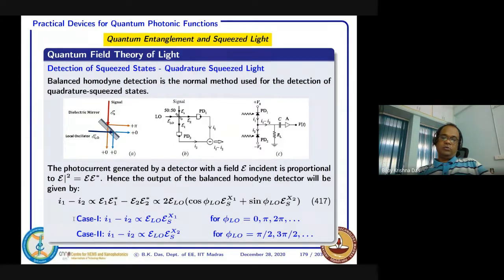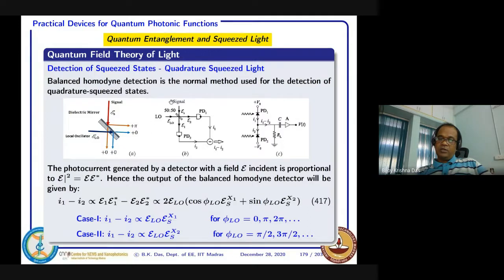Now we discussed also the case 1. If you set this phi LO, the phase of the local oscillator with respect to your squeezed light, it is assumed that this local oscillator is coming from the same laser being used for generating your squeezed light.